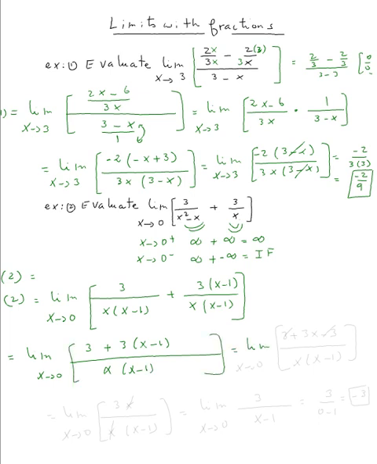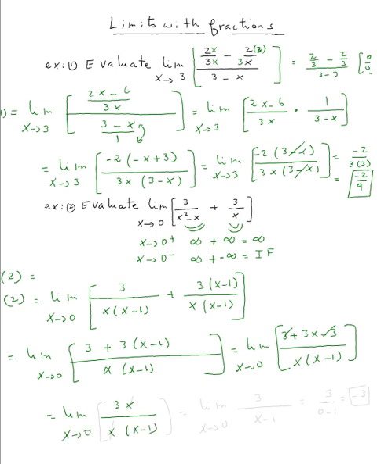Distribute, we get a limit of 3 plus 3x minus 3 over x times x minus 1 as x approaches 0. Now simplify the 3 with the 3. This is equal to the limit of 3x over x times x minus 1 as x approaches 0.